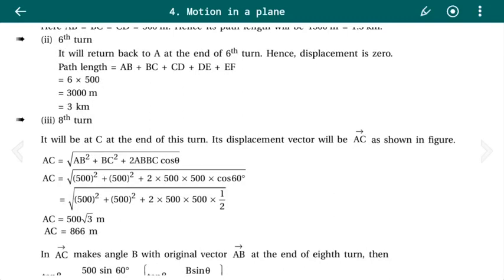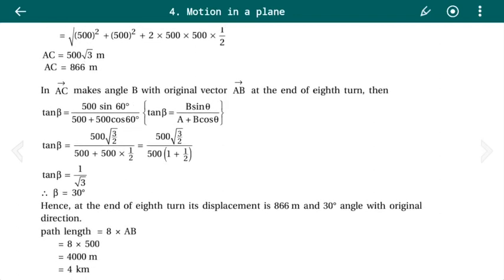So AC is equal to under root AB square plus BC square plus 2 AB into BC into cos theta, where theta is the angle between vector AB and vector BC, which is 60 degrees. Applying the values we get under root 500 square plus 500 square plus 2 into 500 into 500 into cos 60 degrees, where cos 60 degrees is 1 by 2. So AC is equal to 500 root 3, that is AC is equal to 866 meters.